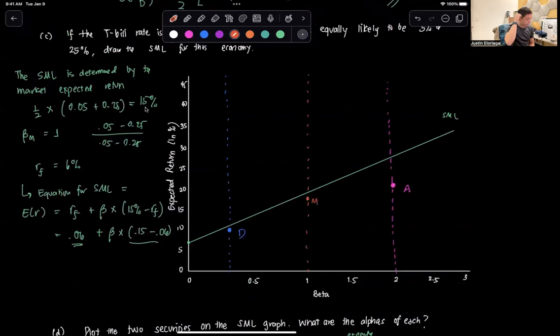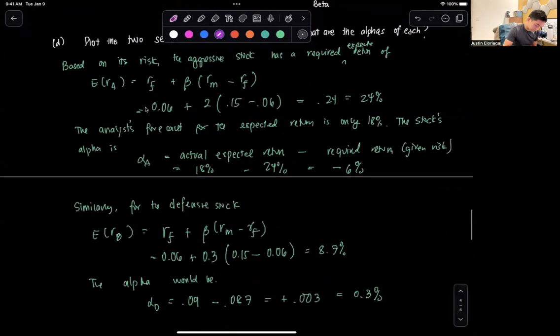This is the market. Notice the expected return of A, for example, let's plot the alpha A. That expected return is somewhere around here, which is 18%, if I'm not mistaken.